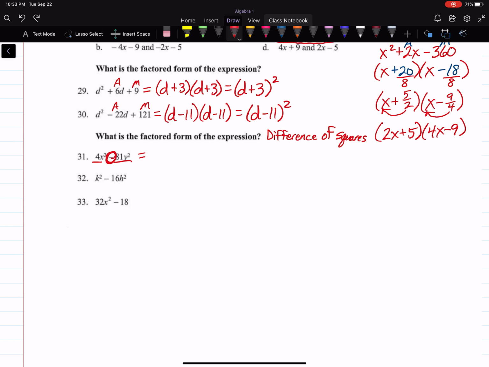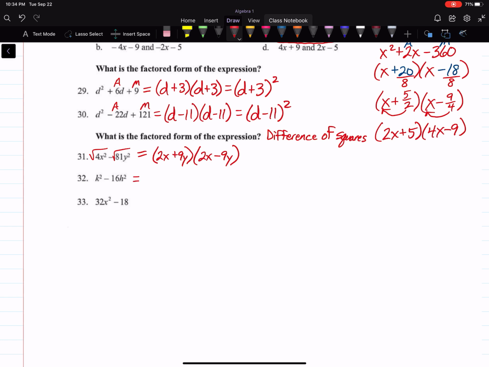If they're not both things, you can't do what we're about to do. So basically to work this, I'm going to put my two parentheses. I'm going to take the square root of 4x squared. It would be 2x, goes there and there. And the square root of 81y squared is positive 9y and negative 9y. And that's all you have to do there.